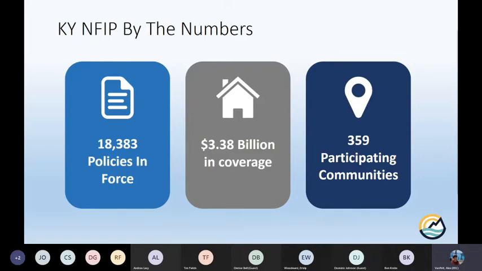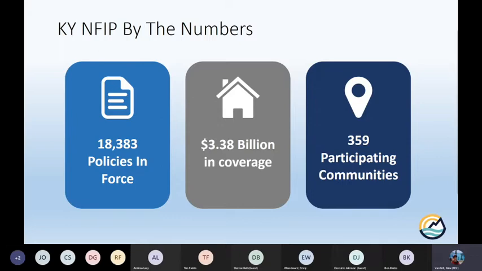Other areas like Pike County and Daviess County have a high count. But overall, we have a good bit of policies floating around. Those policies cover $3.38 billion in coverage.